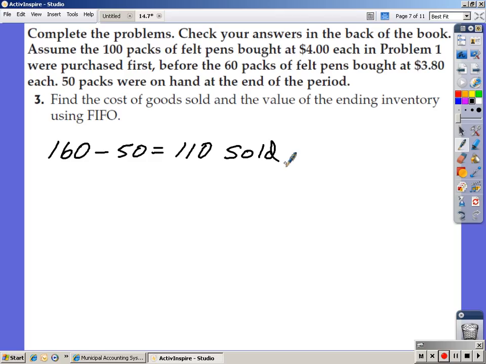All right. Well, to find our cost of goods sold, we have to come up with 110 units. Well, I got 100 packs in first, so 100 times 4, all right, plus I need 10 more units to make 110. 10 units at $3.80.